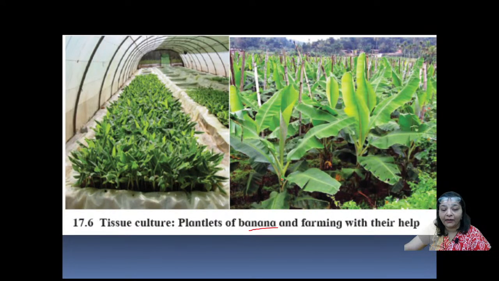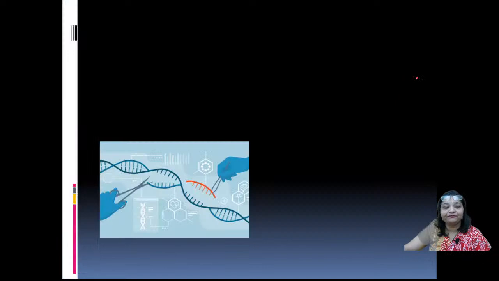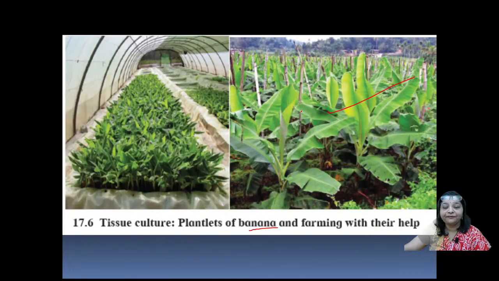You can see the banana plants here in greenhouses, how they have been developed, undergoing the hardening process, and then in the natural environment they are just growing lushly, profusely. And that is the beauty of the biotechnological techniques.